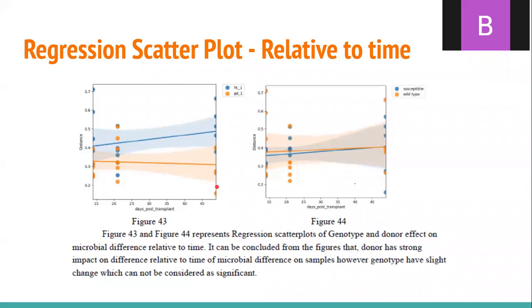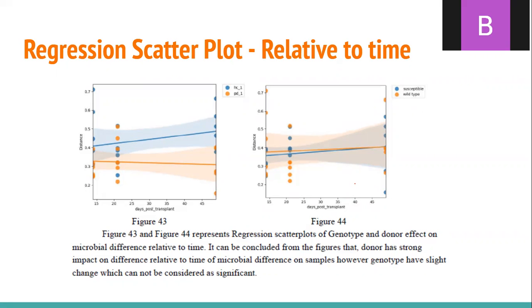In this slide, the last analysis, projected residuals, has been investigated. It is an analysis of the relative distance change for genotypic effect and donor type effect.